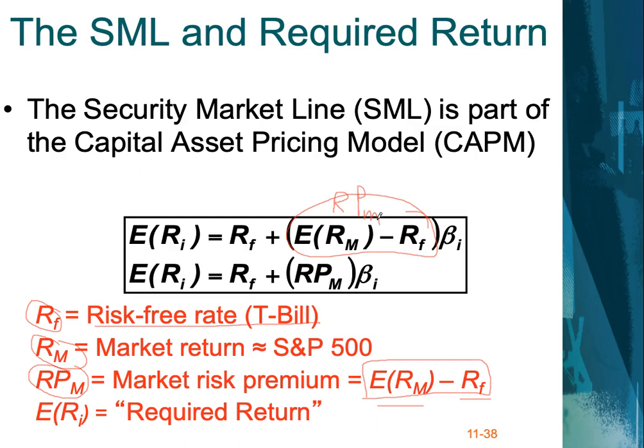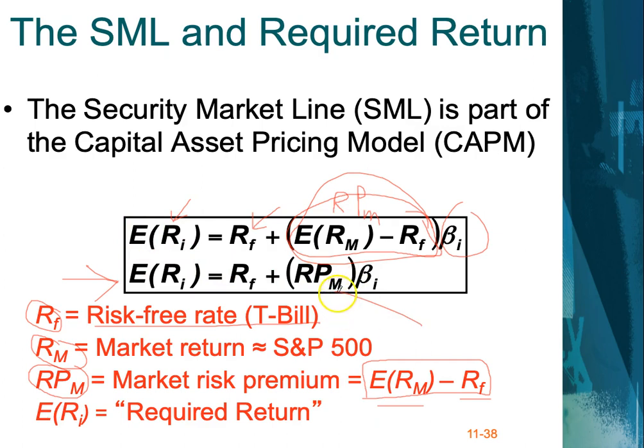If you see a problem that gives you the market risk premium, you do not have to solve this part. You're given it. We take the market risk premium times the beta, and then we add back the risk-free component, and that gives us the expected return of a particular security. On the second line, you see these are the same equations, just restated.